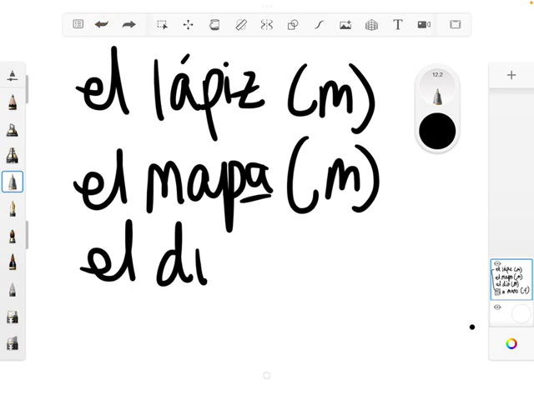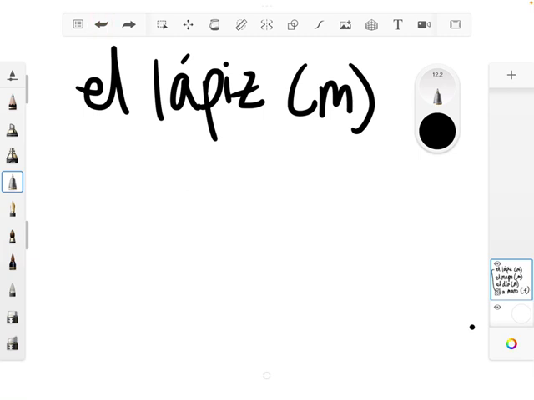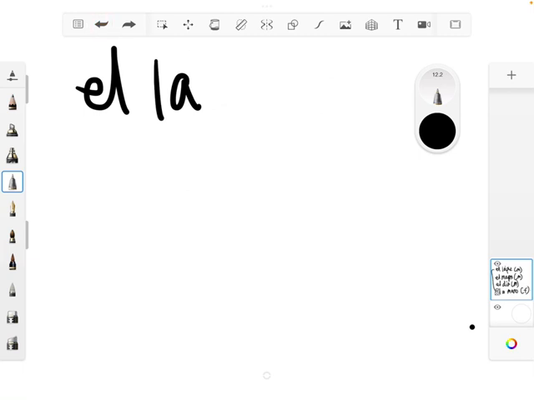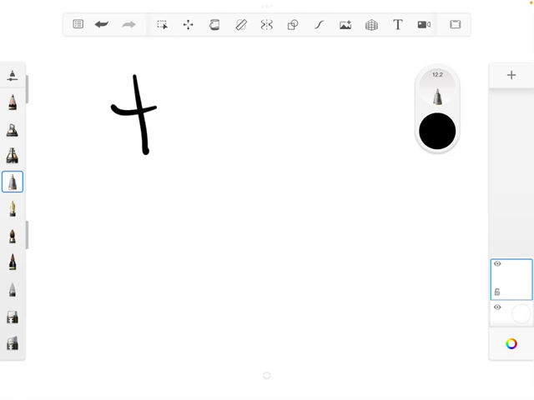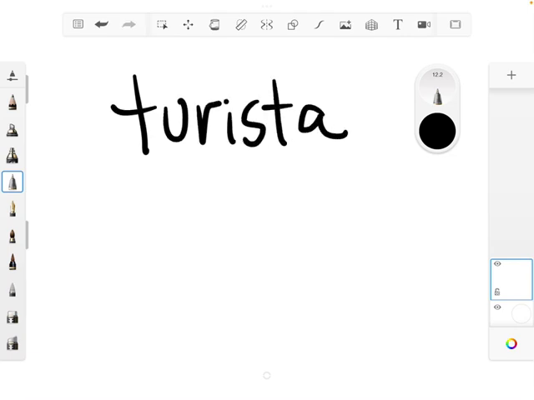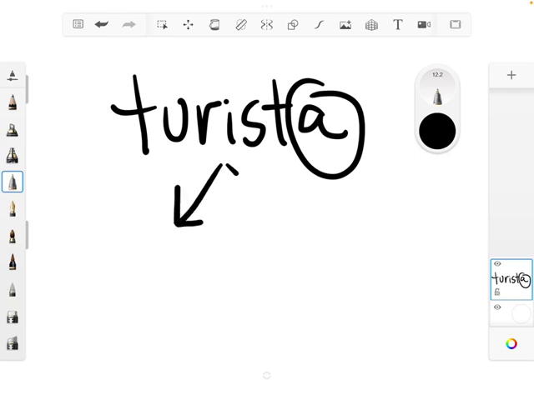All right, so some nouns have identical masculine and feminine forms, and then the article will indicate the gender of those words. So for example, we have the word turista. Okay, it ends in an A, so we might think it's feminine, but it can be feminine or masculine, and it's going to depend on the article.